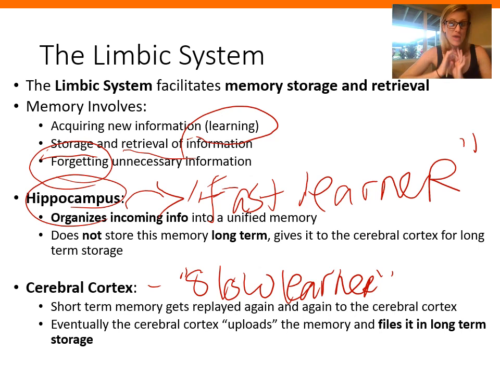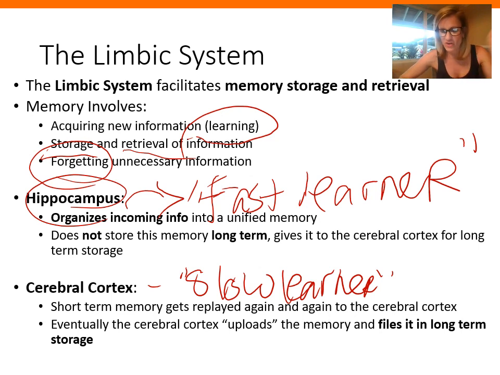Because the hippocampus is such a fast learner, it's able to organize all this incoming sensory information as it happens. So as you're experiencing something, the hippocampus takes all that sensory info and organizes it into a nice unified memory. The hippocampus can do this really fast as something is happening.